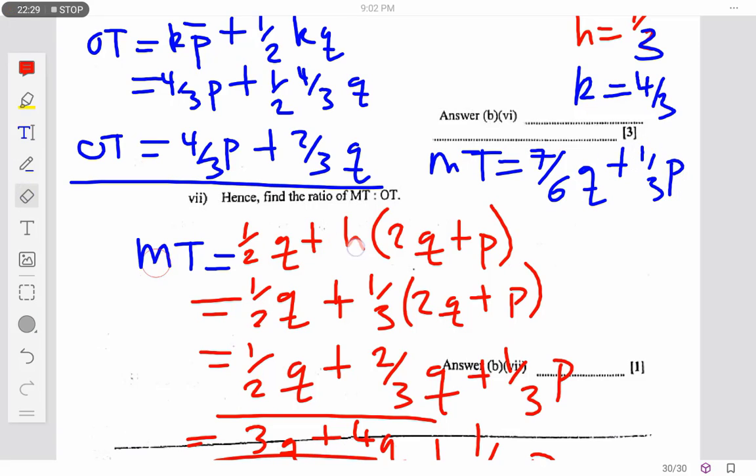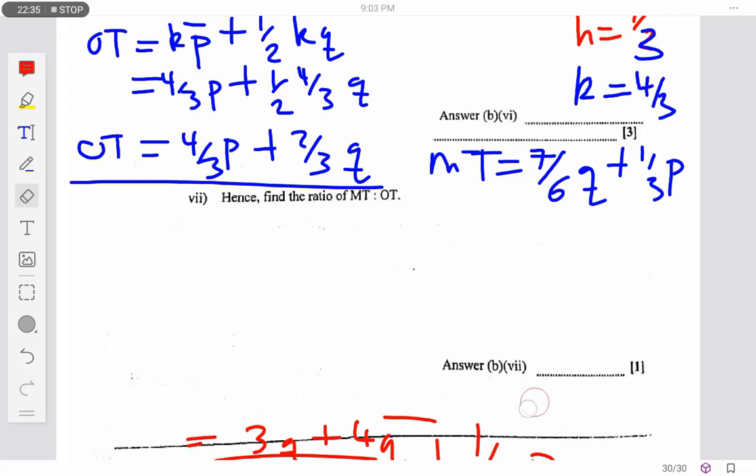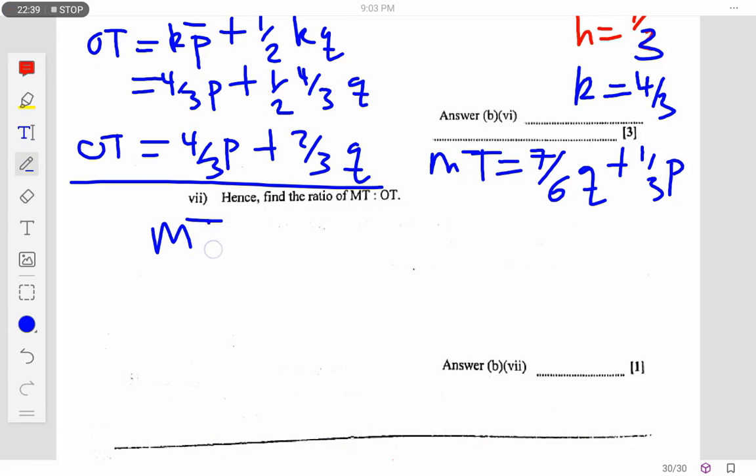Let me rub off this last part so that I can finish working here. To now get the ratio, you can say this is MT over OT. I can take the P values here.